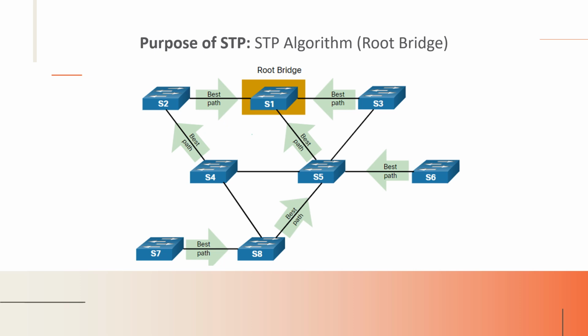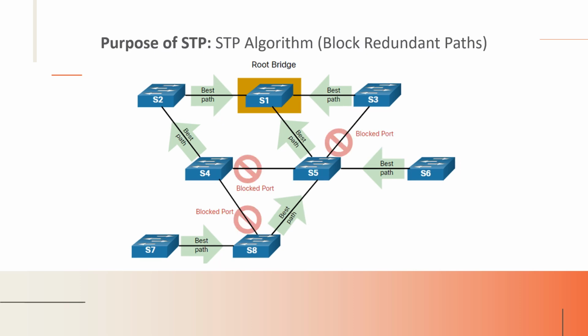And then the spanning tree protocol ensures that there is only one logical path between all destinations on the network by intentionally blocking redundant paths that could cause a loop, as it is shown here. When a port is blocked, user data is prevented from leaving that port.